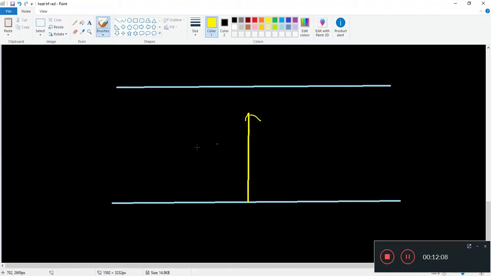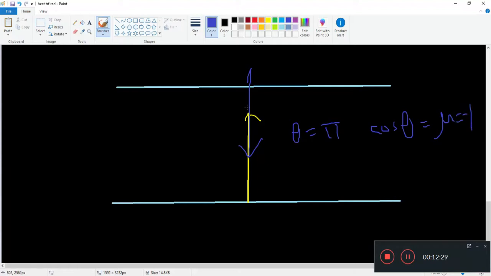So mu equals minus 1 will be something like this because the vectors are going in the opposite direction. Theta equals pi, so cosine theta equals mu equals minus 1.